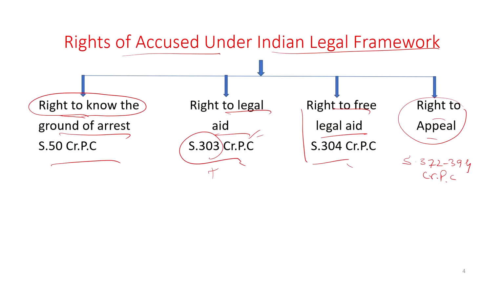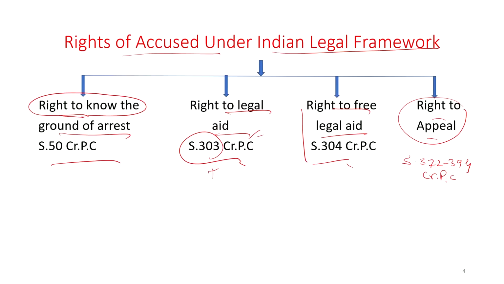So, the right to free legal aid is a fundamental right because of the Supreme Court, but the Code of Criminal Procedure 1973 specifically talks about free legal aid in criminal cases, and that is specifically provided in section 304 CrPC. So, you need to remember these two important provisions, section 303 CrPC and 304 CrPC.